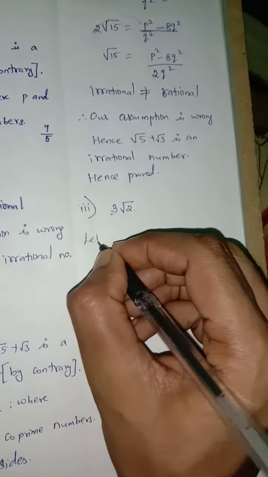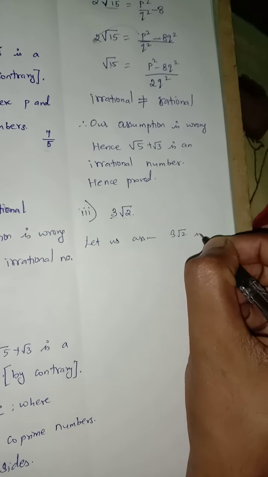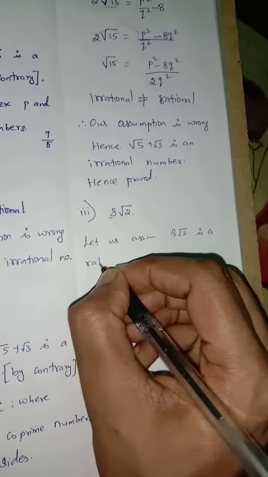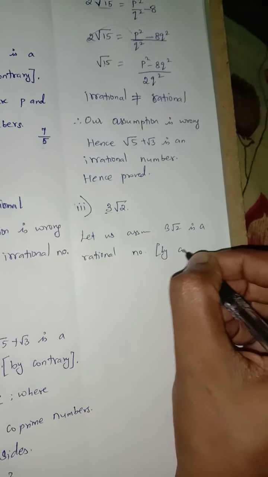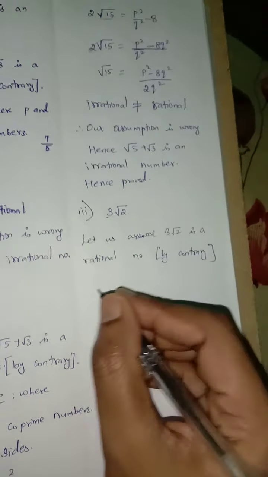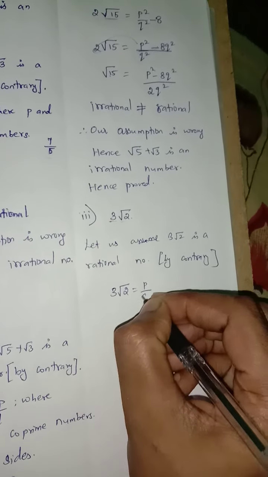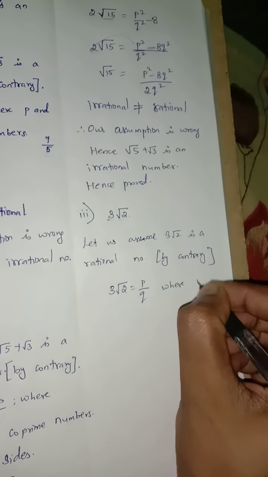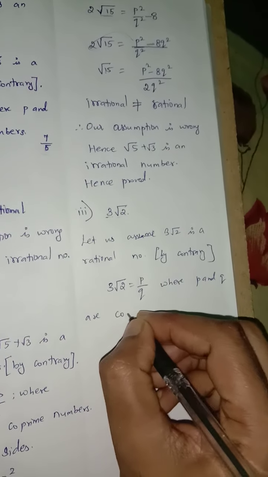Let us assume 3 square root 2 is a rational number by contrary. Very important. Second, what is the second step? If it is a rational number, we can write it in the form of p by q, where p and q are co-prime numbers.